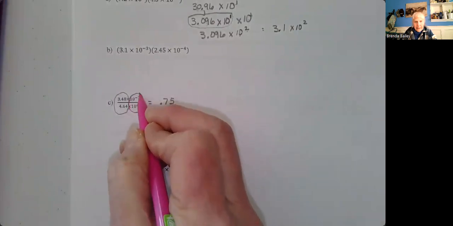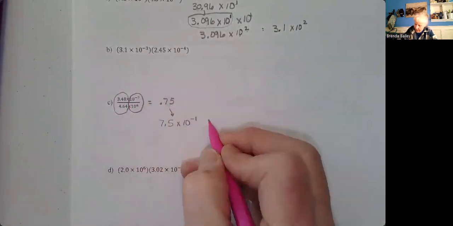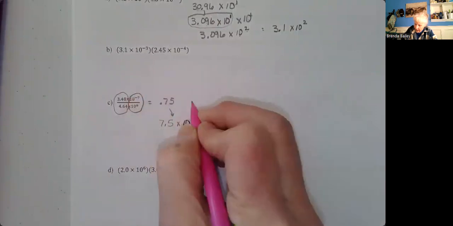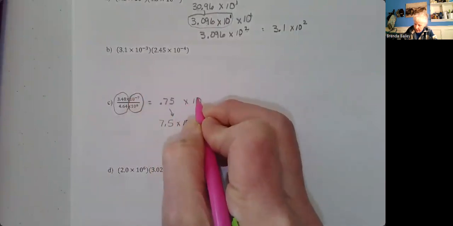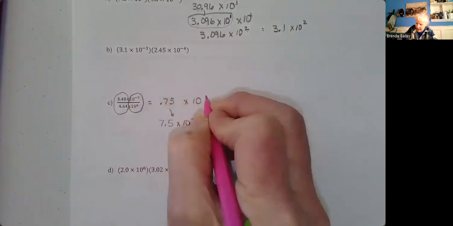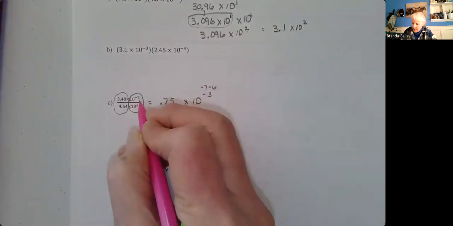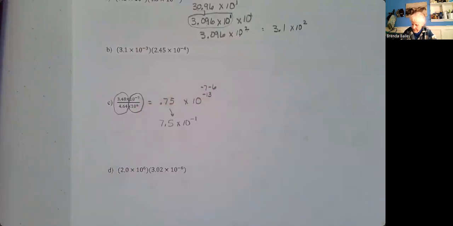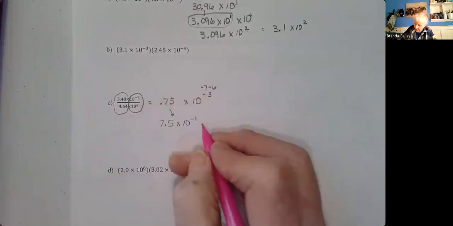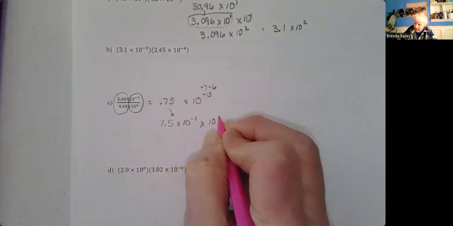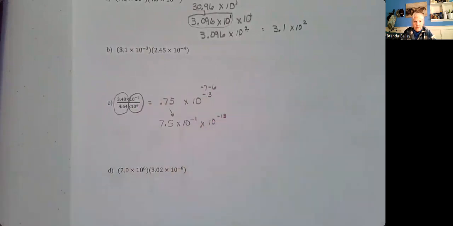This, subtracting the exponents, so this right here is times 10. -7 minus 6 is a -13, because you subtract the exponents. So we have a times 10 to the -13. So I looked at the number in front, and then I looked at the times 10.